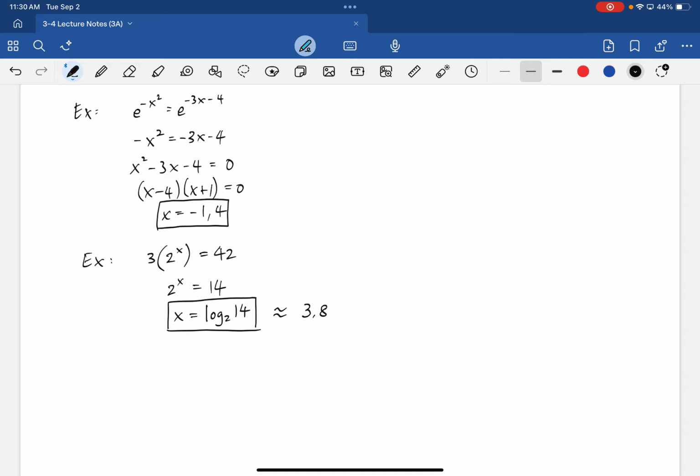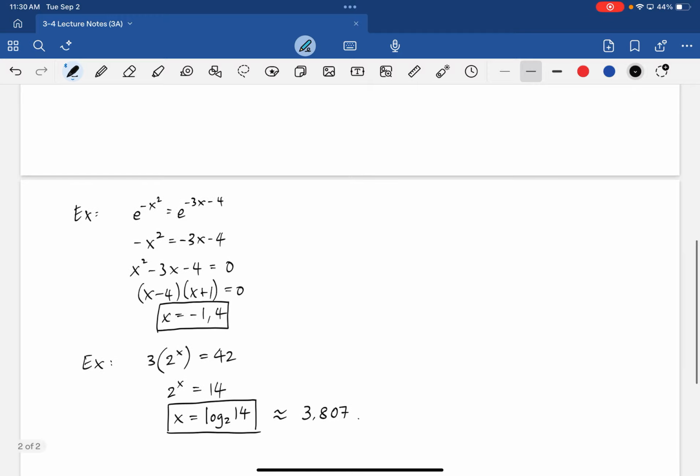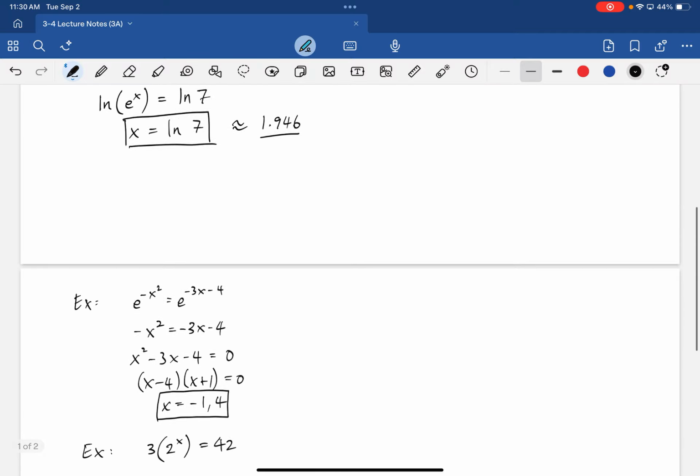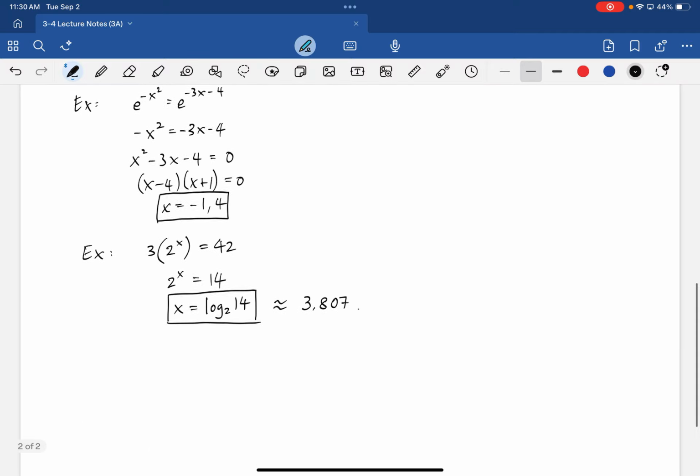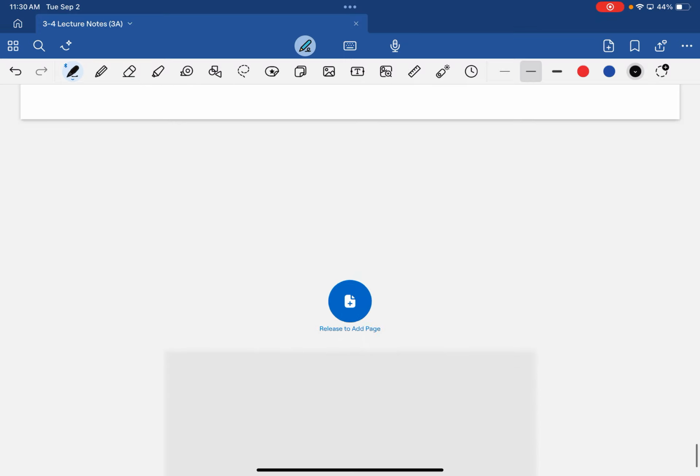Somebody confirm? 3.807. Yeah, very good. All good. Those are some examples of exponential equations that you should know how to do, for the quiz, test, and homework. Let's go on to some logarithmic equations.